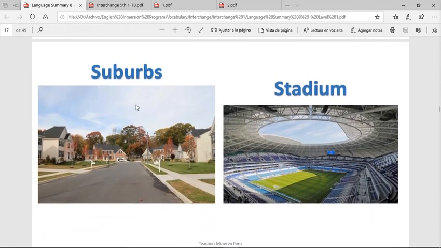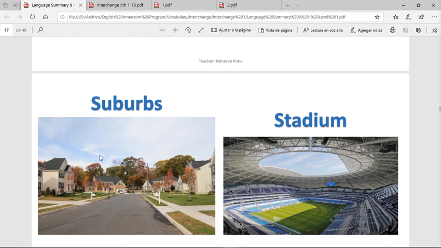The suburbs. The suburbs are usually neighborhoods where only people live. In the United States, they have some places in the city where you can live, yes, but it's more like a lot of workplaces and a lot of stores, and not many people live there. But in the suburb, it's the other way around.